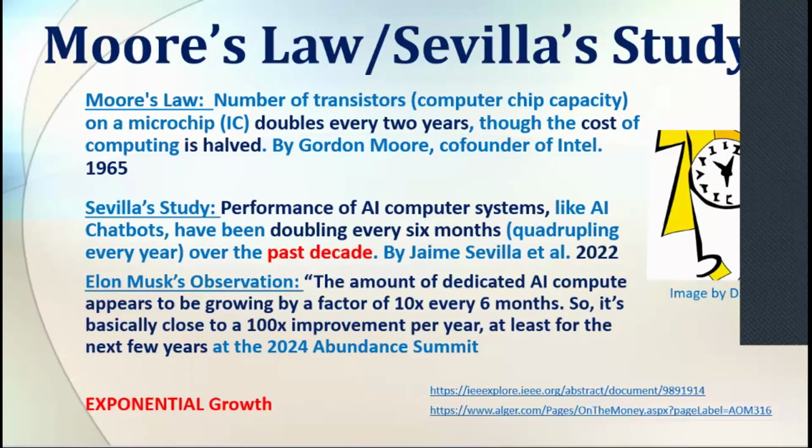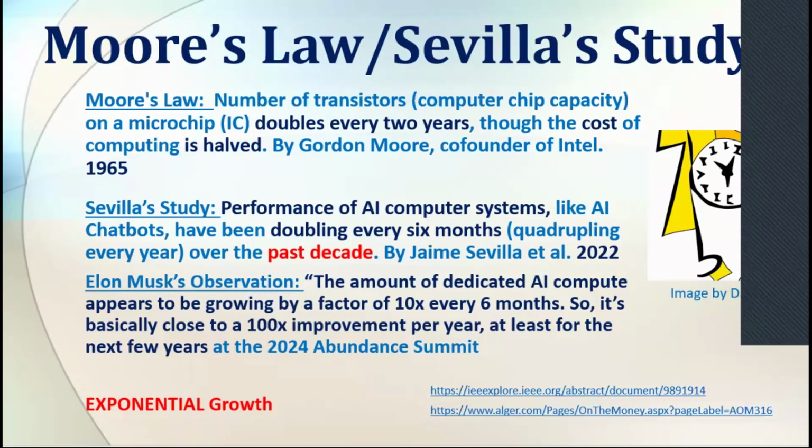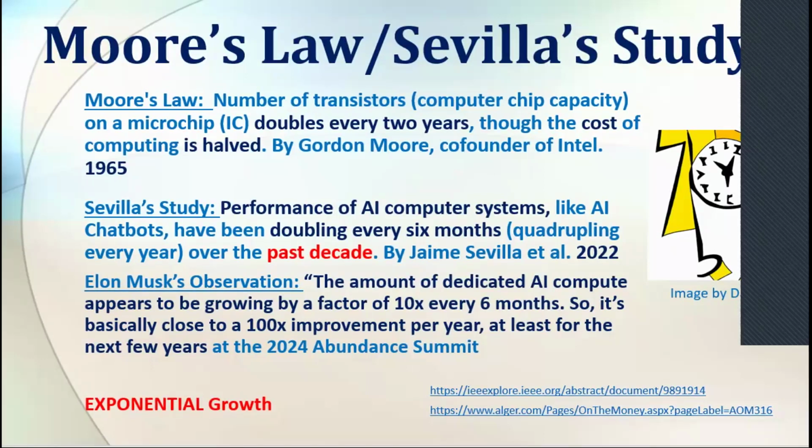I talked a little bit earlier about how fast things are changing, how fast things are evolving. When do you hop on to the bandwagon? Yesterday. So this has been going on for the past decade, since that 2014, 2015 mark that we talked about earlier. And then Elon Musk came out this past year. He said, AI computer power is growing by a factor of 10 times, not double, every 6 months.